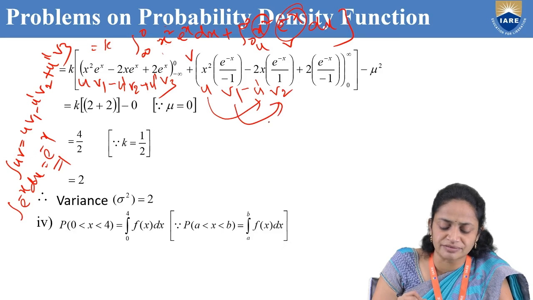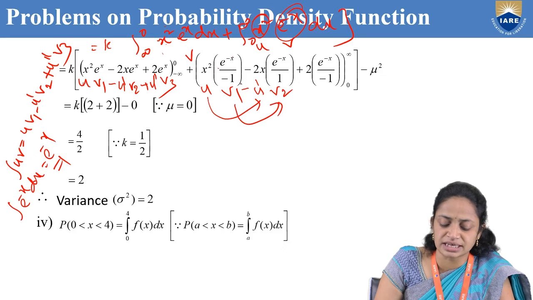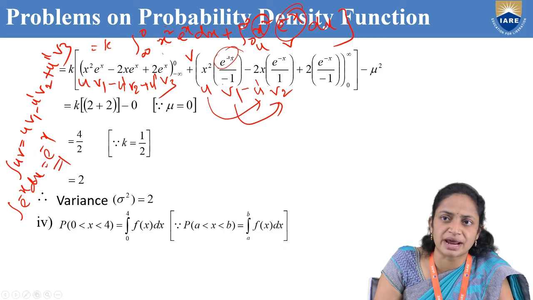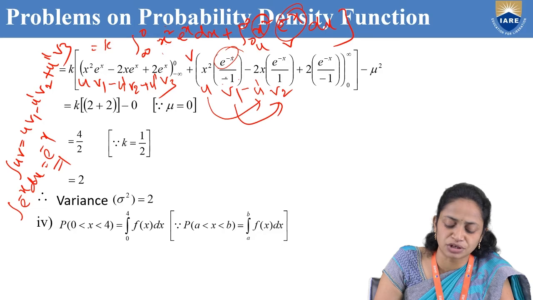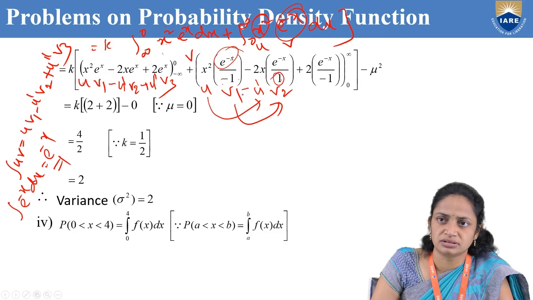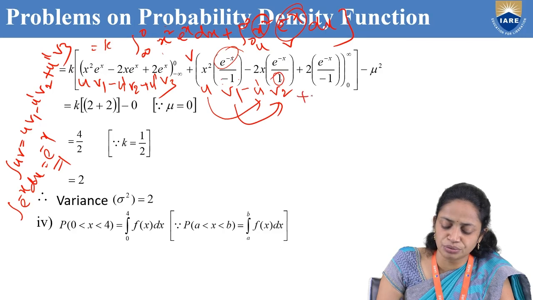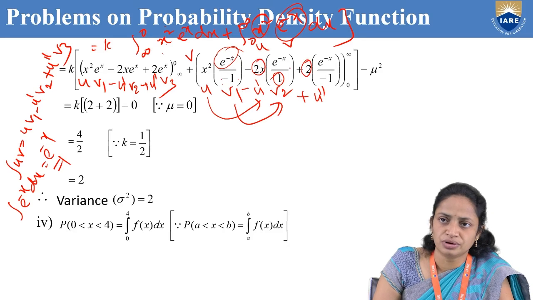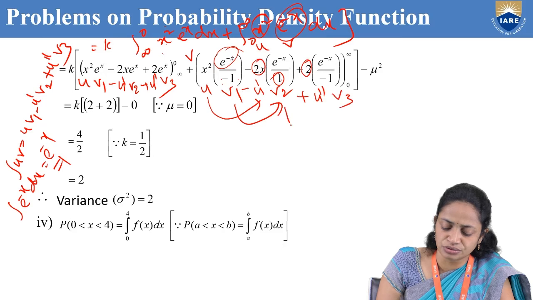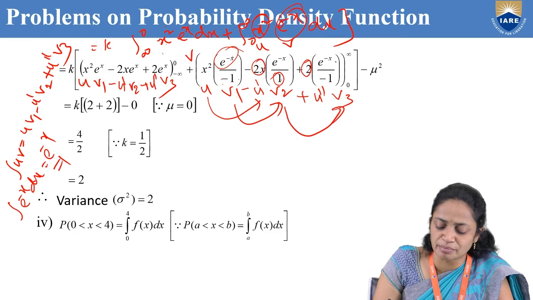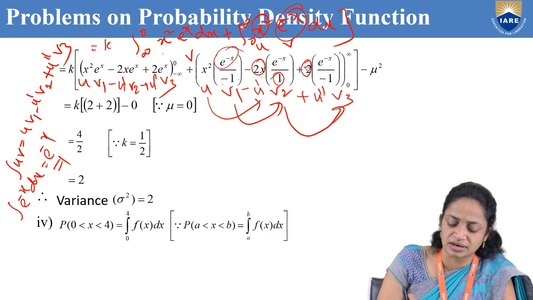So this is our second integration, e power minus x divided by minus 1, and e power minus x integration is e power minus x by minus 1. So minus 1 into minus 1, that will be plus 1. Okay, plus u double dash. So 2x differentiation is 2. Next v3. So this one integration, e power minus x divided by minus 1 is there. So this one integration is e power minus x by minus 1.